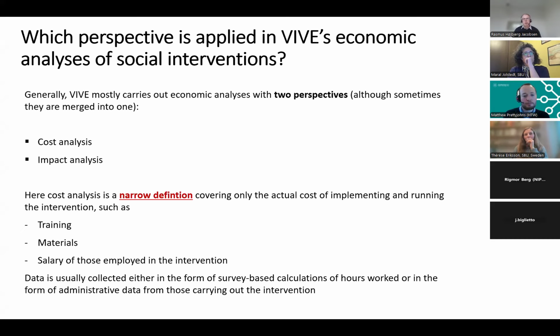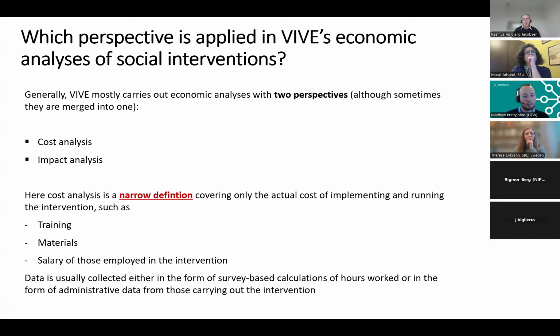That includes the cost of implementing the intervention, such as training, materials, and the big one, which is the salary of those who are employed within the intervention. The data for this type of cost analysis are usually collected from survey-based calculations from hours worked, or in the form of administrative data from those who have carried out the intervention.